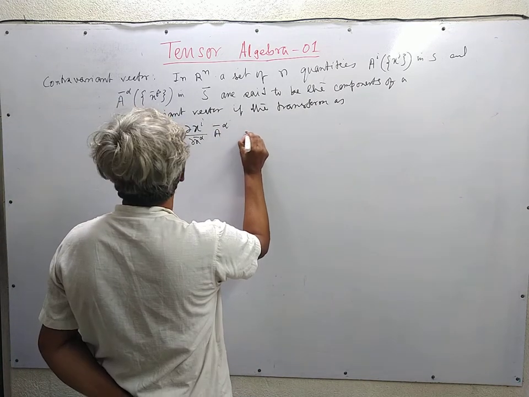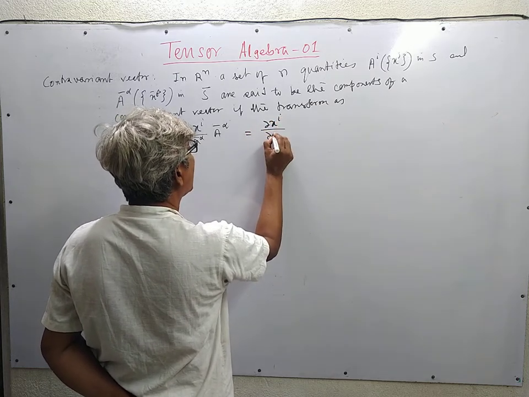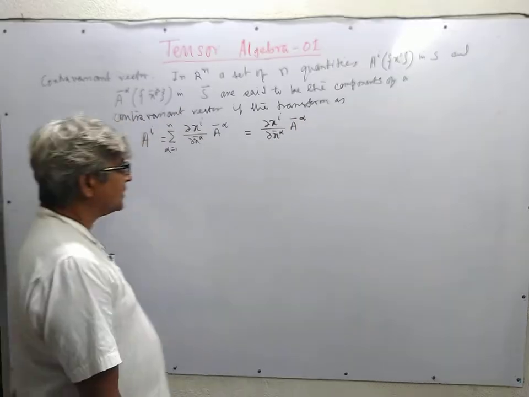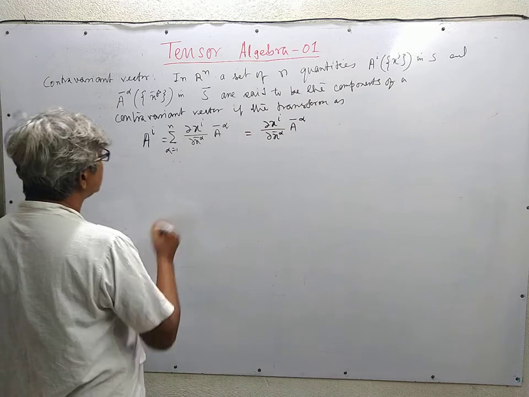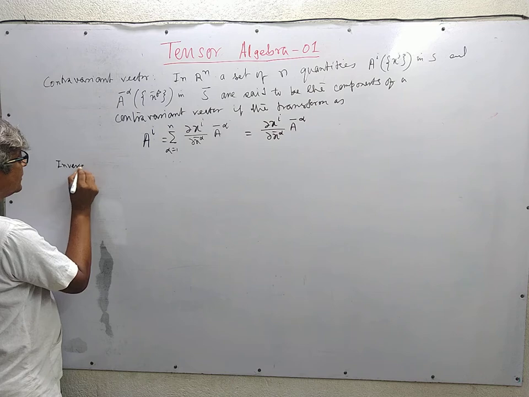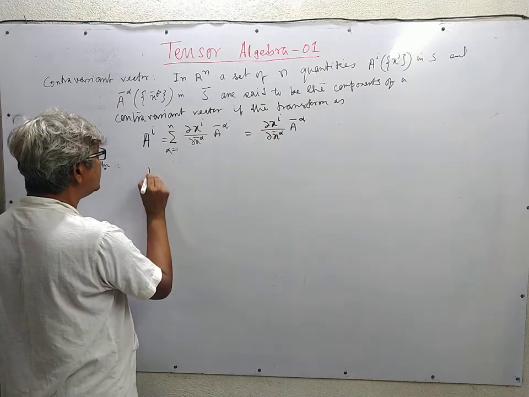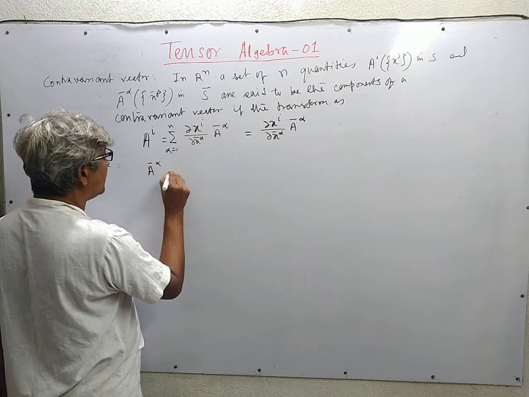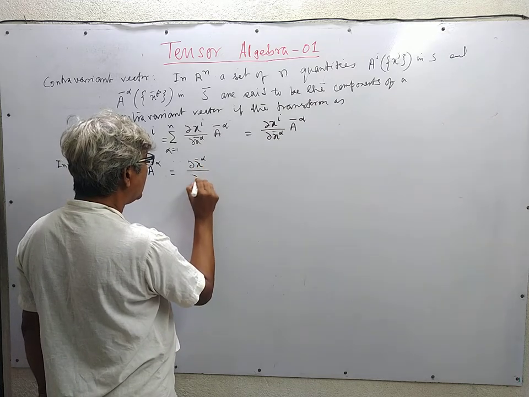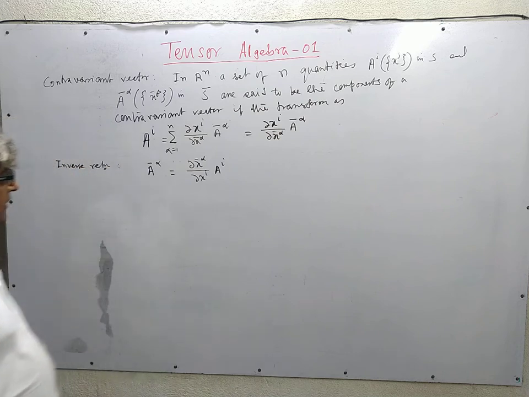In other words, this is written in Einstein's notation, and the inverse relation is a bar alpha equals the corresponding expression in terms of a^i.